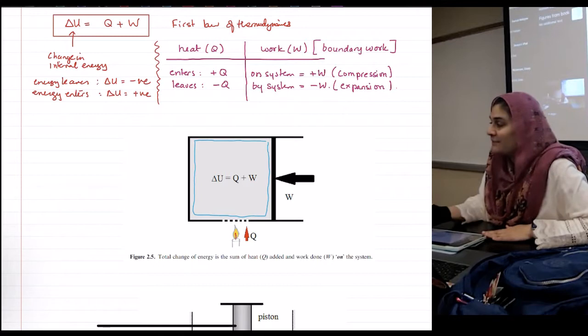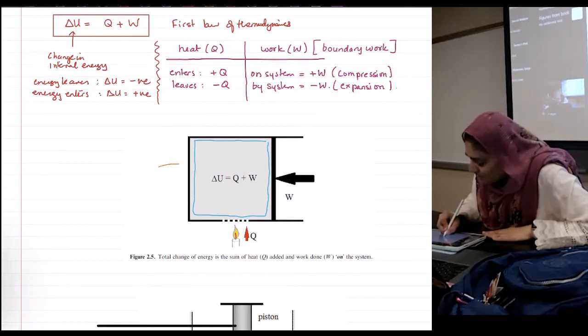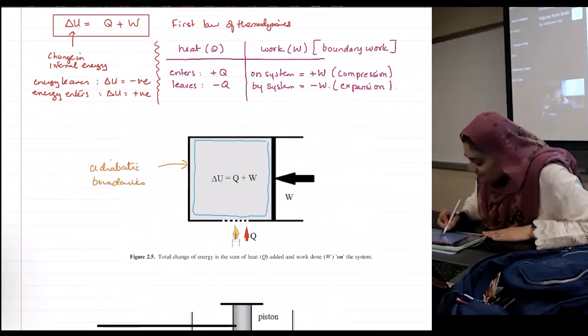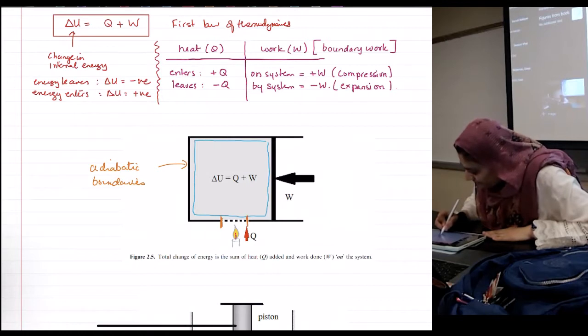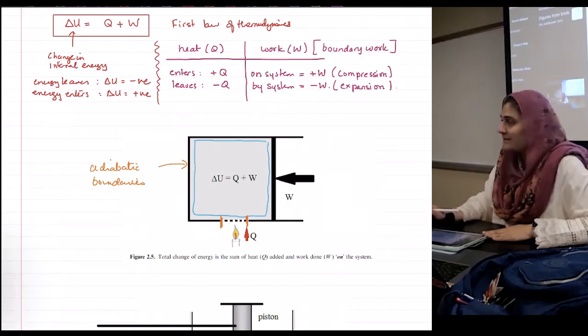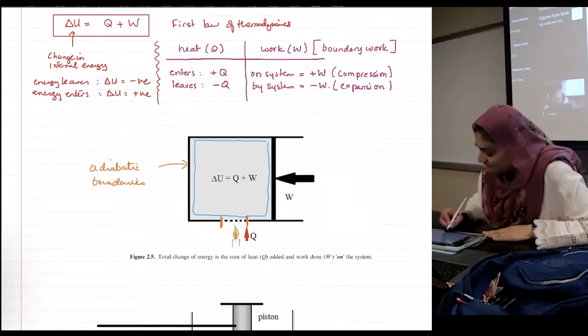The black ones are the boundaries. Imagine all the rest of the boundaries are adiabatic, except for this part. I think these are called diathermal, right? Boundaries where heat is allowed to enter or exit the system.